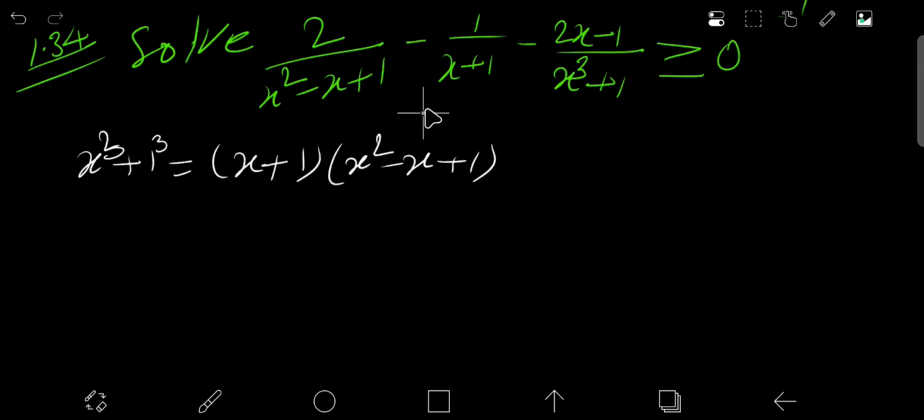Both terms are contained in the denominator, so we write the LCM.